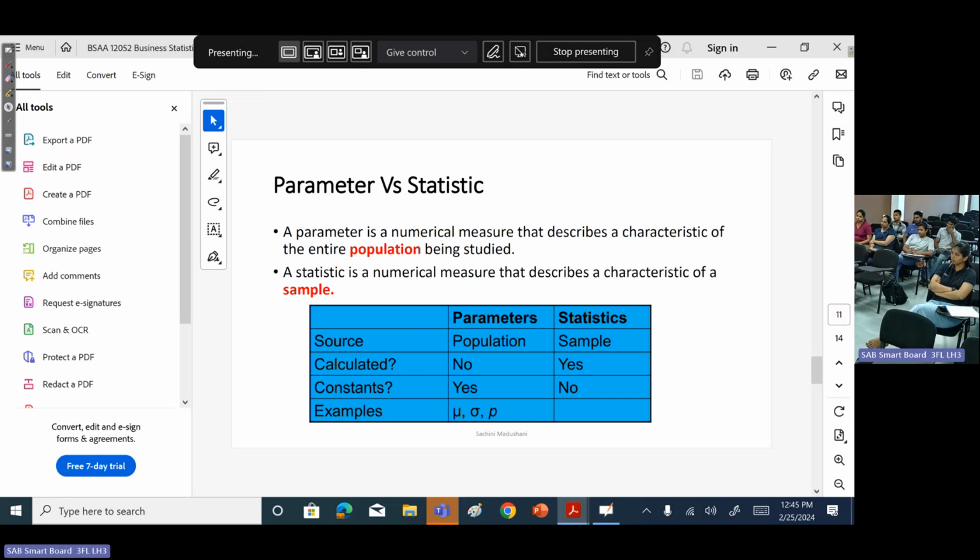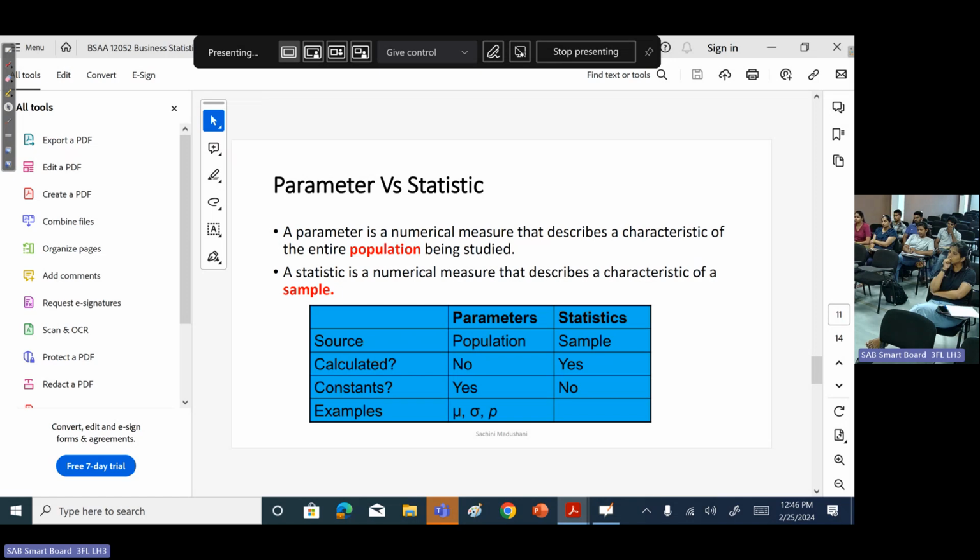A parameter is a numerical measure that describes the characteristic of the entire population being studied. The population parameter cannot be calculated but can be estimated based on the statistic value. Parameter values are constant. Then what are the features of the statistic?